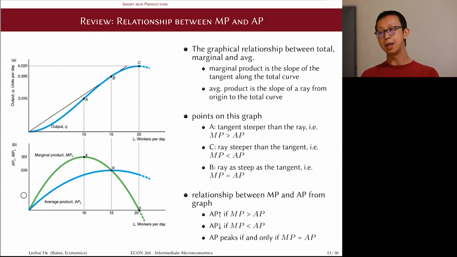So if we start out with the marginal product higher than the average, then the average will get pulled up initially and then decrease once the marginal product falls underneath it. In that case, we're going to see a peak on the average product curve when these 2 values coincide at the level of B.